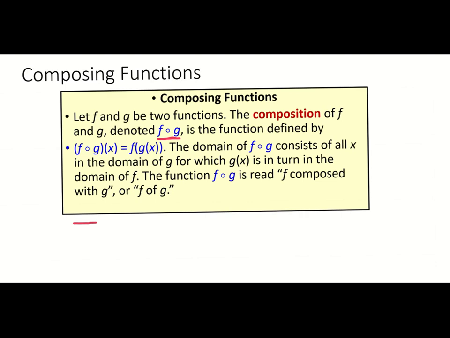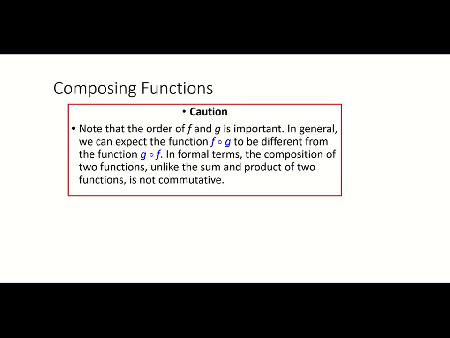And it can be written with the circle, or they could just put like g of x within the parentheses for f of x. But what fog stands for, or the fog, if you want to call it that, means f composed with g, or f of g. And I'll show you what that means in a second.